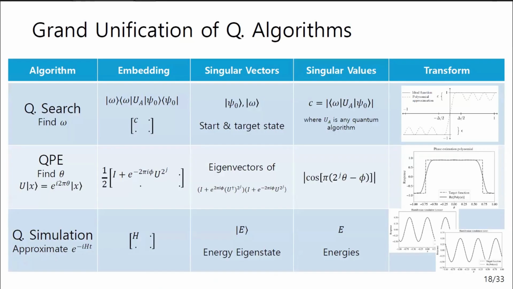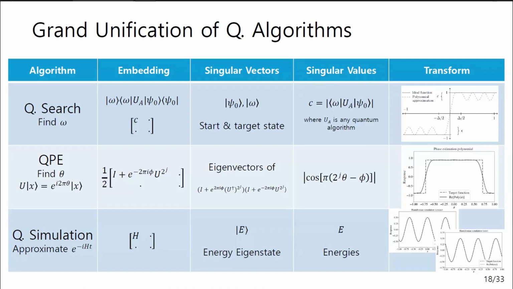Then ket omega, bra omega, U_A, psi 0 have one non-zero singular value. We can assume that the singular value C is not 0. Then by applying a sine function to the singular value C, we can map C to 1.